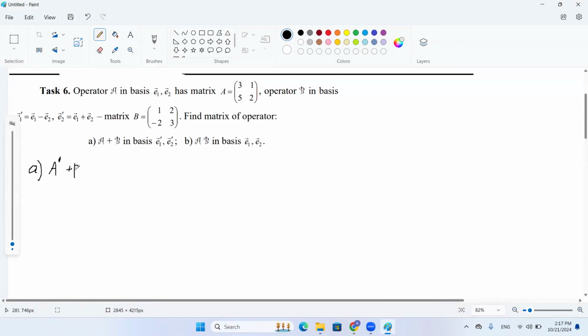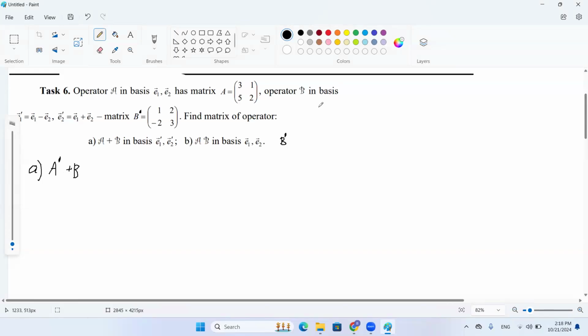Yeah, and in section C, how to solve this? Everything remains the same, but we need to multiply. No, we need to reverse the matrix B to the initial basis and then multiply them. Actually, or maybe let's better mark it this way.